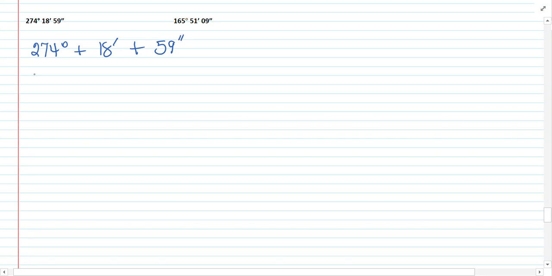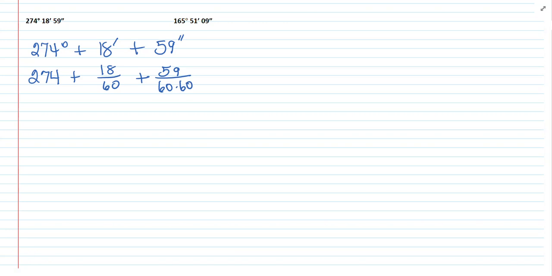So if I was to do it by hand, I would have the 274 plus 18 parts of 60 plus 59 parts out of 60 times 60, because 60 seconds equal a minute and 60 minutes equal a degree. So that's how the structure would be. And then I would use the calculator to figure out what the decimal is. So let's do this one first. And we're going to do the calculator as well.